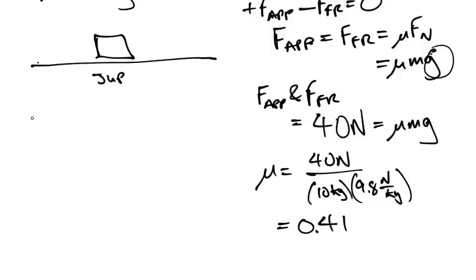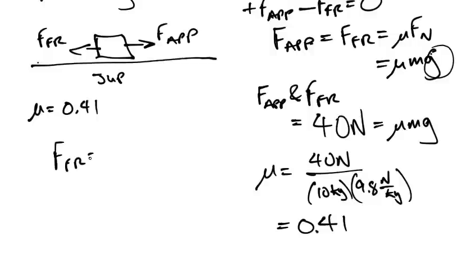Now, therefore, we know that mu on Jupiter is also going to equal the same amount. But now, the free body diagram looks exactly the same there as on Earth. And so all we need to figure out is what's the force of friction? Because the applied force has to be equal and opposite to it.